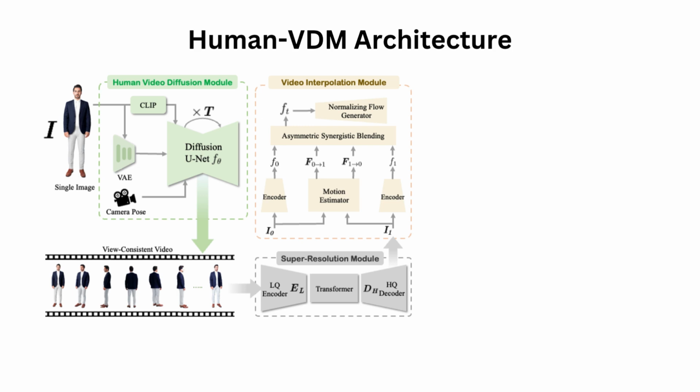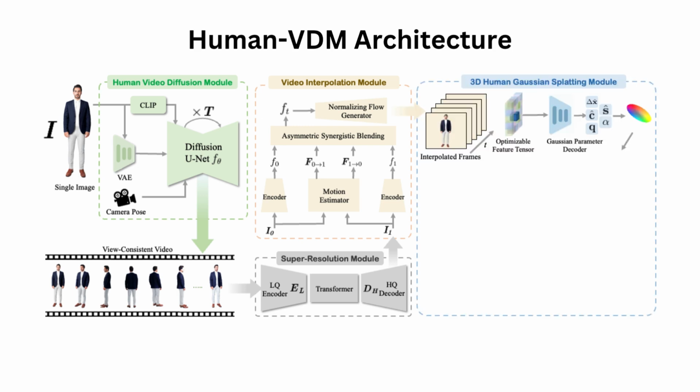distribution. Next, the 3D human Gaussian splatting module is utilized to learn lifelike 3D humans under the guidance of high-resolution and view-consistent images. Gaussian splatting employs point-based representation, which facilitates high-quality rendering by modeling the human as a collection of parameterized Gaussians.